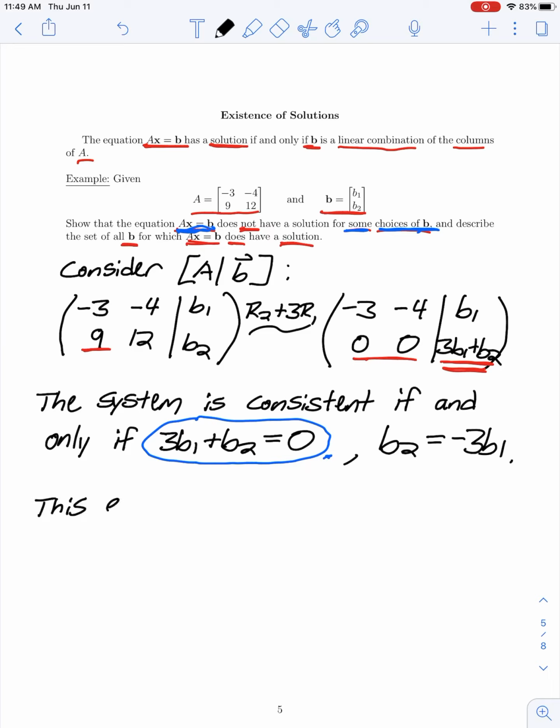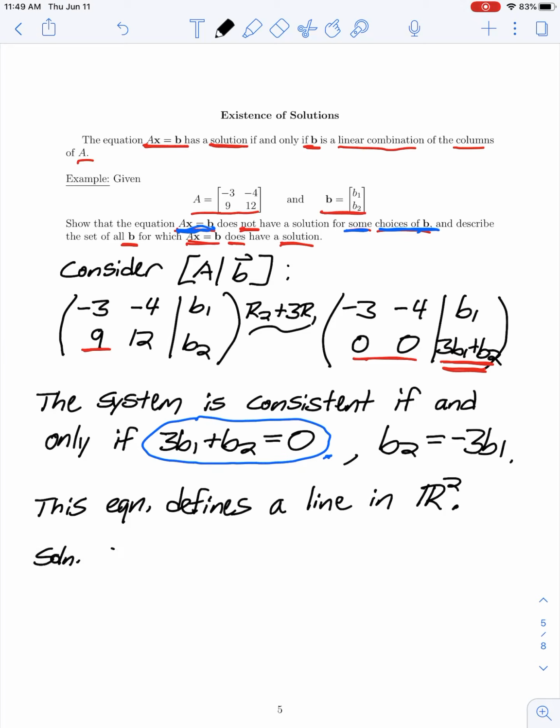So here we can say this equation defines a line in the real plane. All right. So we're looking at, for the set of all B for which AX equals B has a solution, we might say something like this.